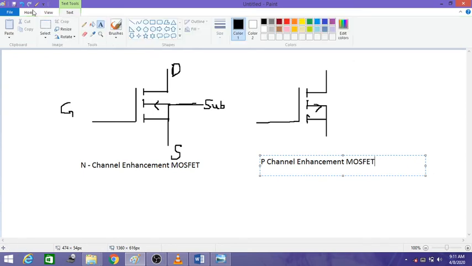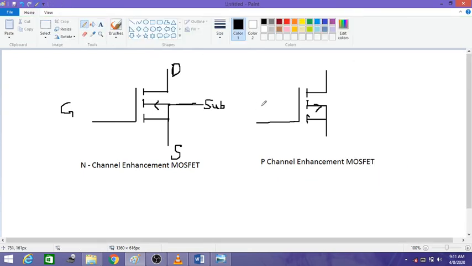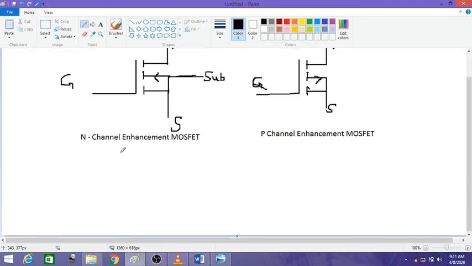Okay, so this is the gate, this is source, this is drain. Let me quickly write the symbolic representation of the depletion type MOSFET, then I'll explain the basic difference between the two.